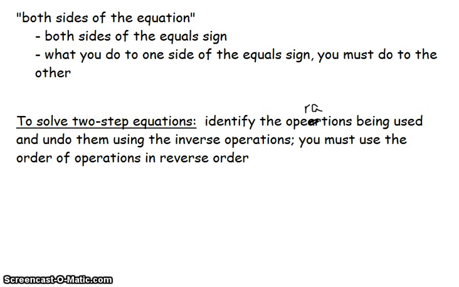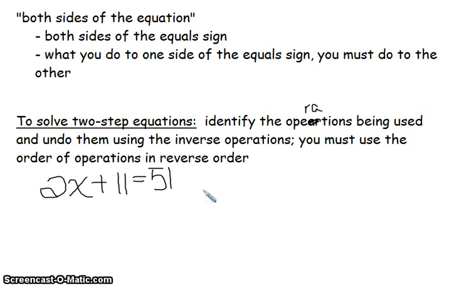Alright, so let's look at our first example here. Let's look at 2x plus 11 equals 51. What you need to do whenever you're trying to solve these problems is look at what's happening, identify the operations being used. So look at what's happening to your x.